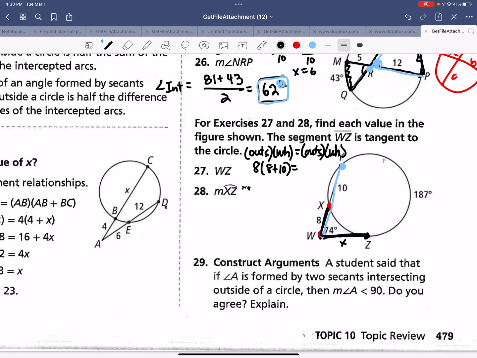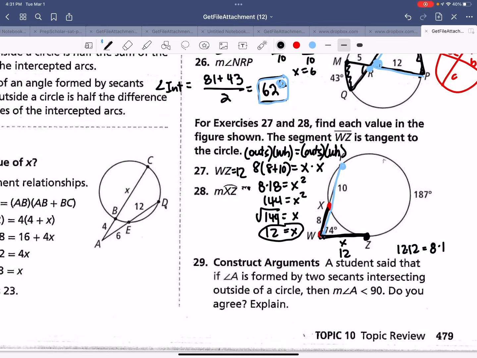The part on the outside here is X, and the whole thing is also X. So we get 8 times 18 is X squared. Ooh, that's pretty handy. The reason why that's handy is it's the number 12. So this has to be 12. Does that make sense? Yes. 12 times 12 is equal to 8 times 18 because they both equal 144. So that solves that little mystery.